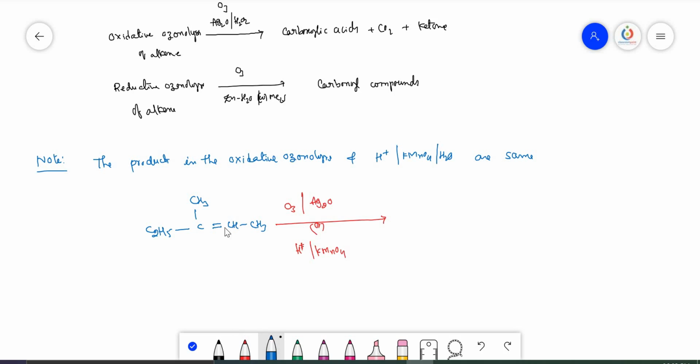The products are always the same. This carbon forms the keto part, and if any hydrogen is there on the double bonded carbon atom, that becomes the carboxylic acid. So CH3COOH.